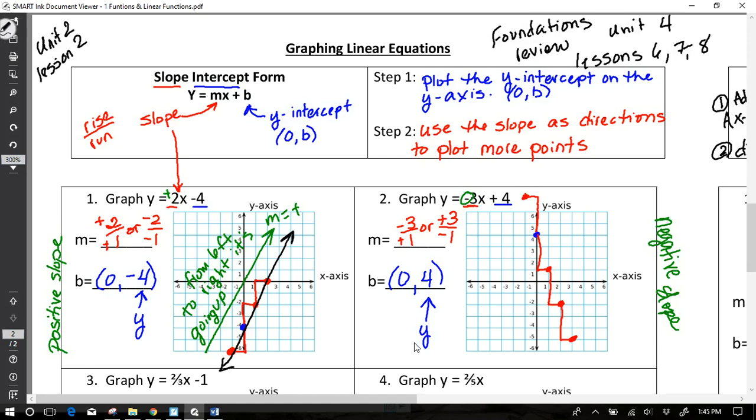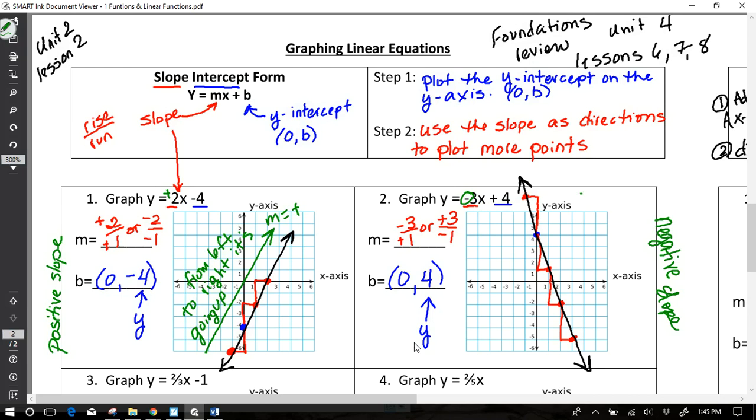And then, of course, you do need to connect all of your points with a nice, perfect straight line, or at least to the best of your ability. All right, now how could I tell that this slope is negative by looking at the graph?